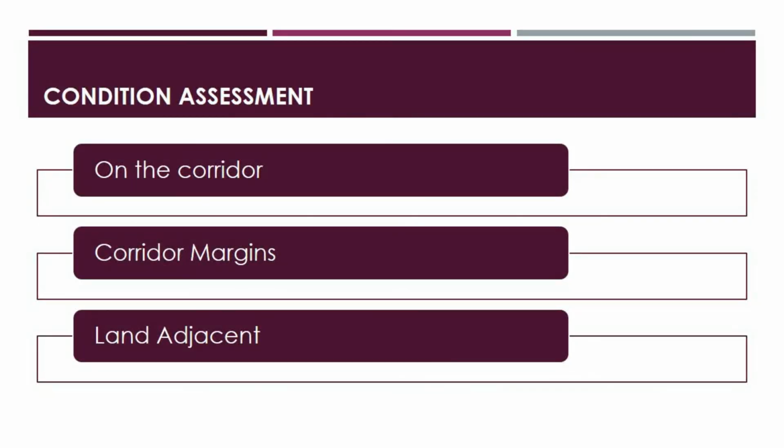In general, the right-of-way assessments take into account the state of the vegetation around the right-of-way corridor, the condition of the vegetation along the right-of-way corridor's margin, and the state of the vegetation on the lands directly adjacent to the right-of-way. Now, inspection-based vegetation management strategies are the most effective.